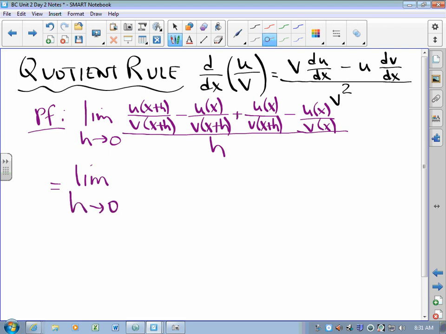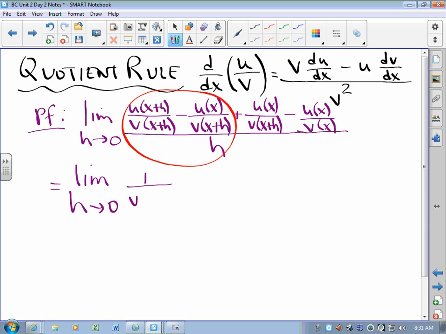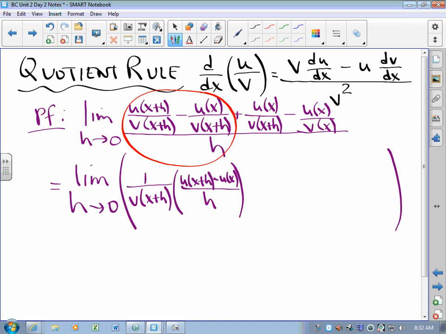Because if we take a look at the stuff on the left, it is 1 over v of x plus h times u of x plus h minus u of x over h. On the other side, we've got this other thing here where the u of x comes out.